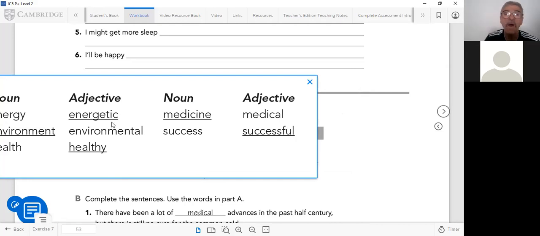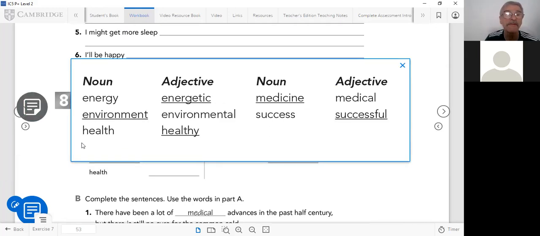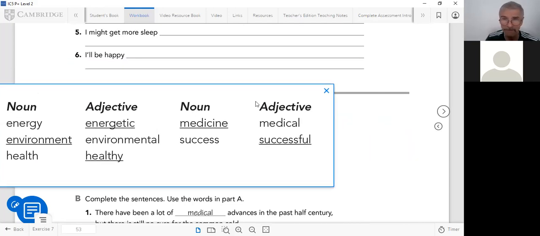Okay, now, medicine is for medical, healthy for health, environment for environmental, and energy, energetic. You understand? So we have transformed nouns into adjectives or adjectives into nouns by adding a suffix. The suffix could be a Y, the suffix could be an AL, like in this case.